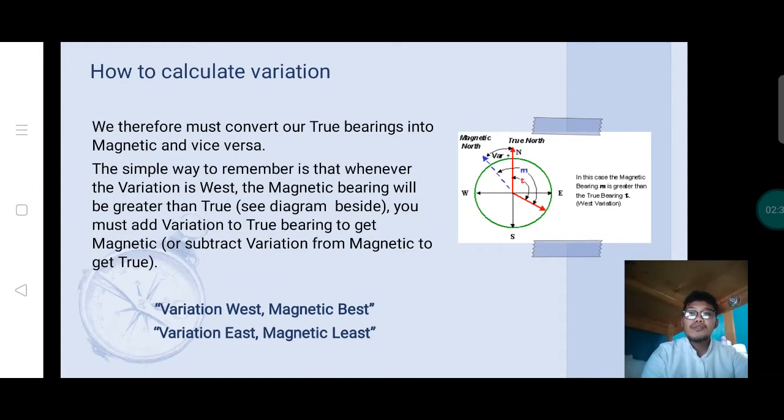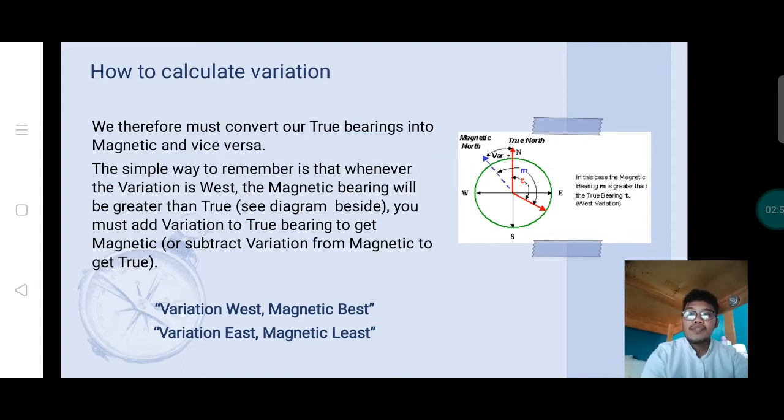The simple way to remember it is that whenever the variation is west, the magnetic bearing will be greater than true, as you see on the diagram on the side. You must add variation to the true bearing to get the magnetic bearing, or subtract variation from the magnetic to get the true.